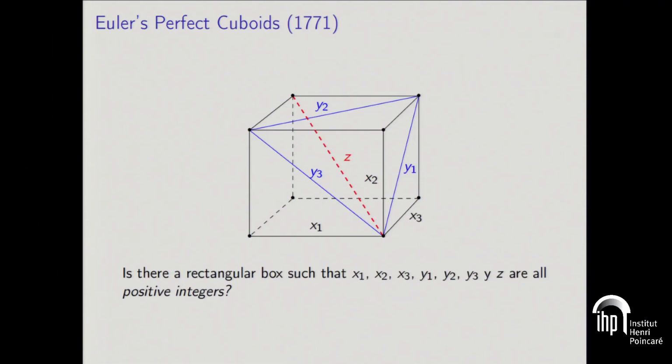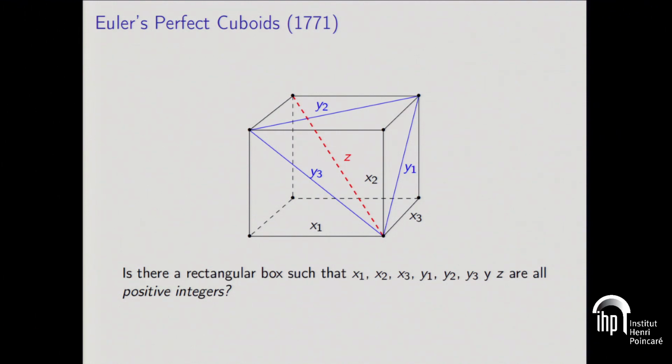So you might want to apply that, for example, to the cuboid surface, the Euler's cuboid surface. This is a surface of general type that's a complete intersection of quadrics. So what it asks for is a rectangular box where every side, every diagonal, and the long diagonal are positive integers. Okay, and is there such a thing?